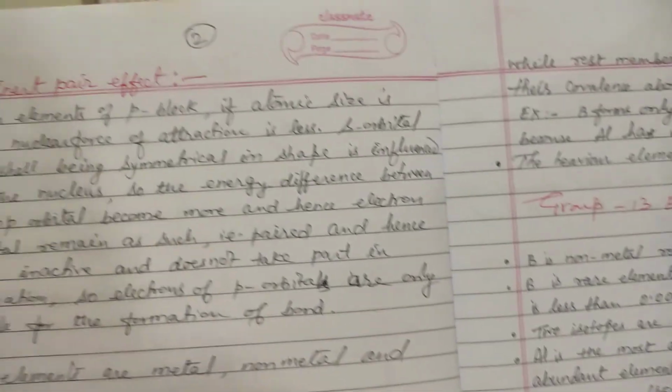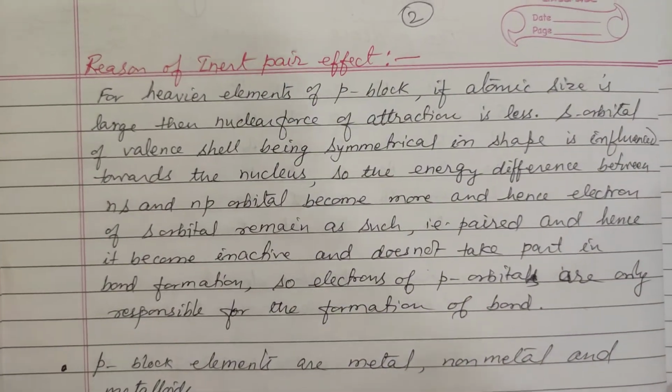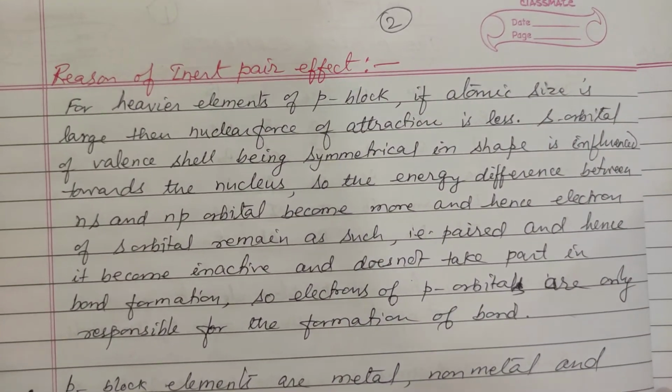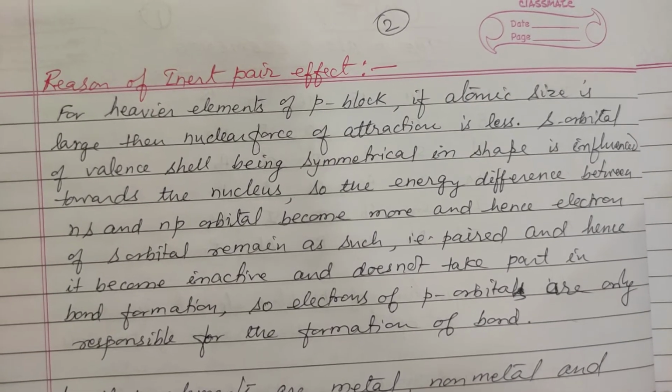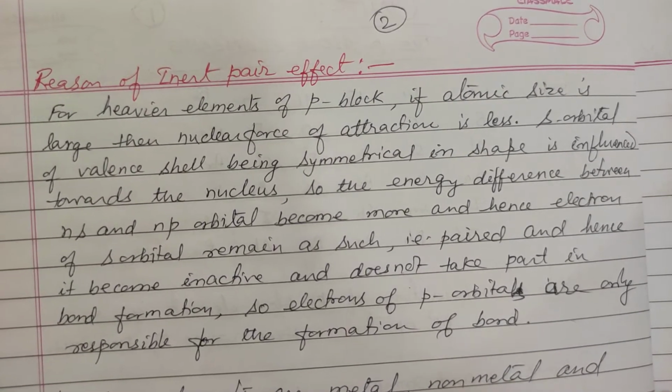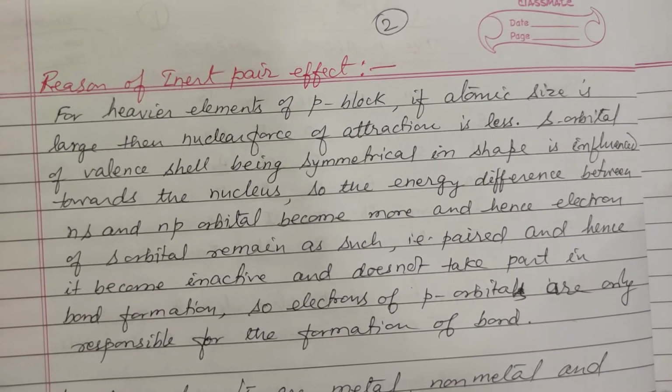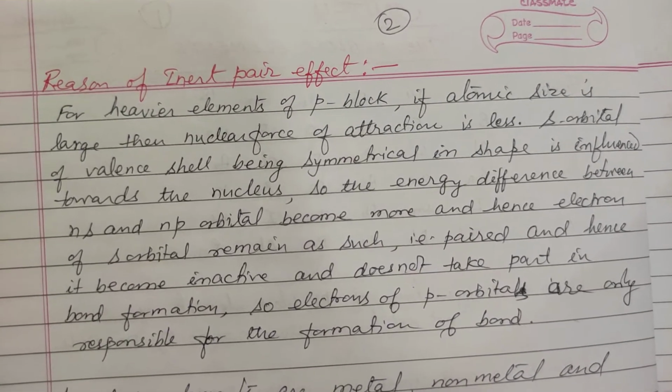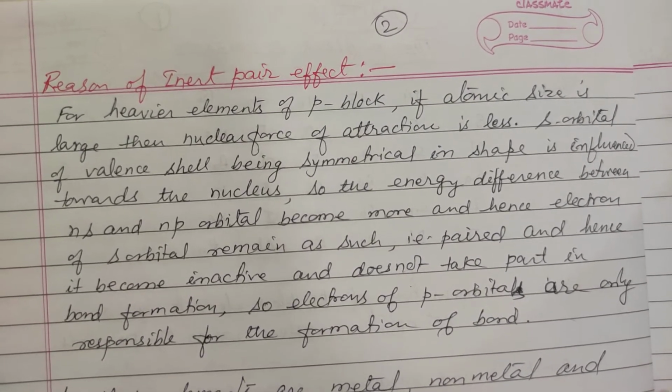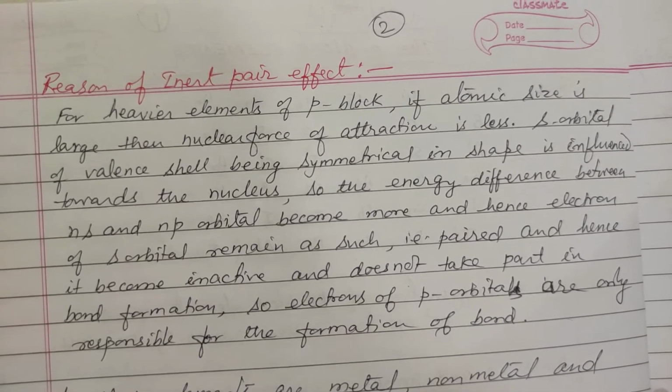Now the reason for the inert pair effect. For heavier elements of P block, the atomic size is large, so the nuclear force of attraction is less. The s orbital of the valence shell, being symmetrical in shape, is drawn towards the nucleus.